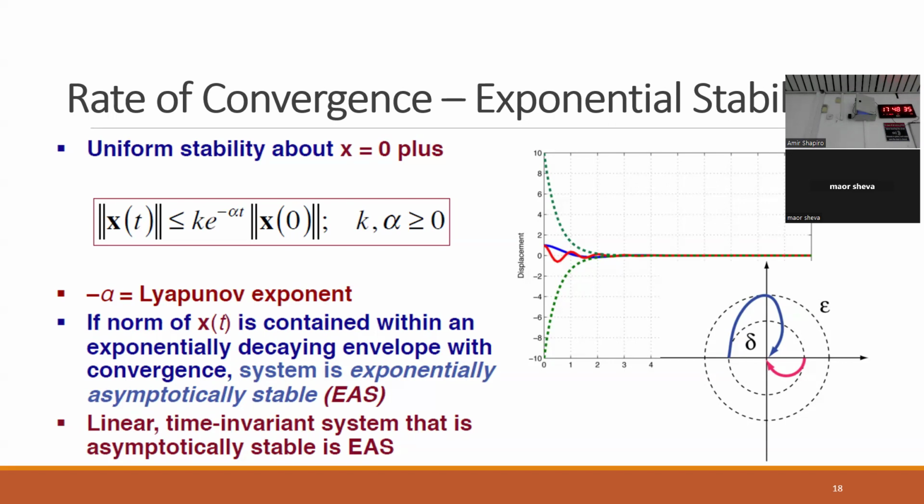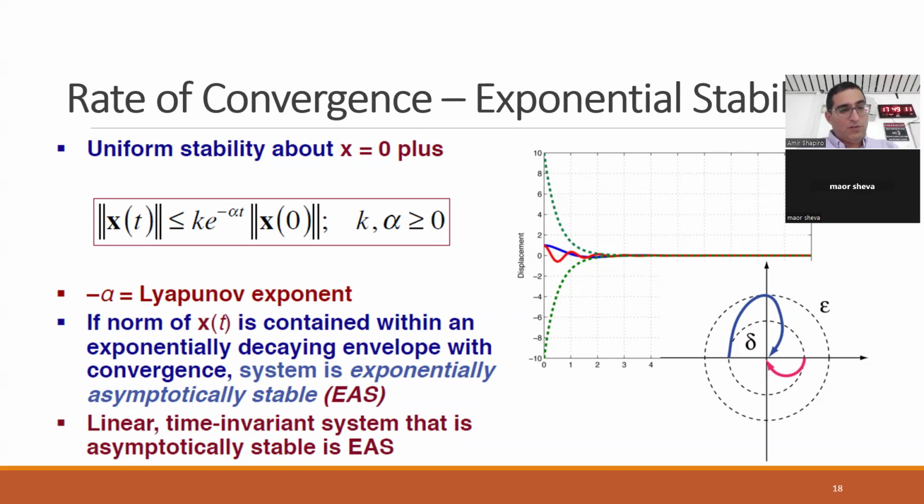The exponent is actually reduced over time with a negative part in the exponent, like e to the minus alpha t. So minus alpha is called the Lyapunov exponent, and this means that the norm of the state space is reduced according to this.